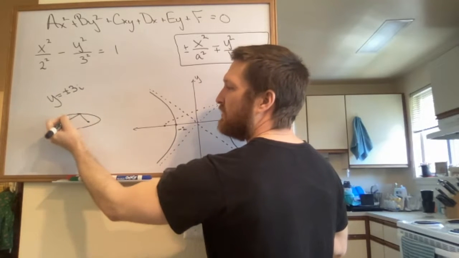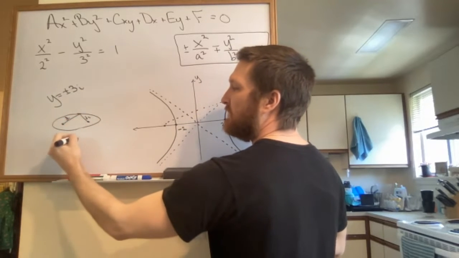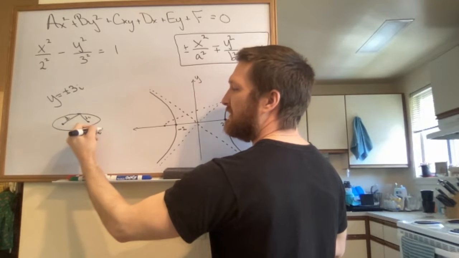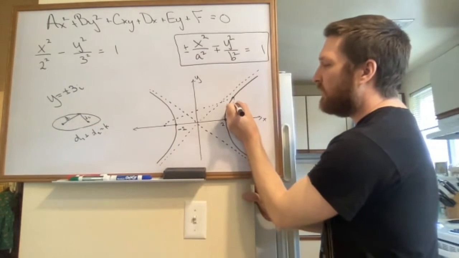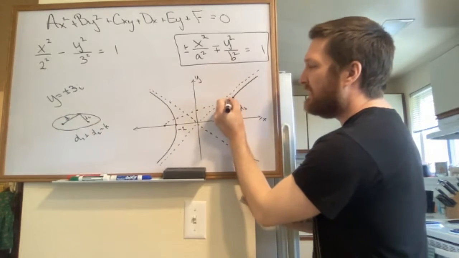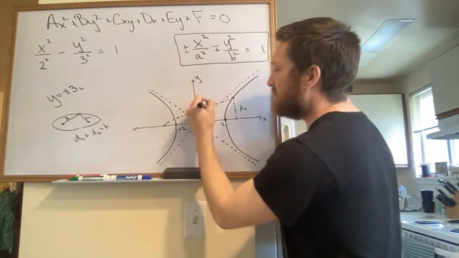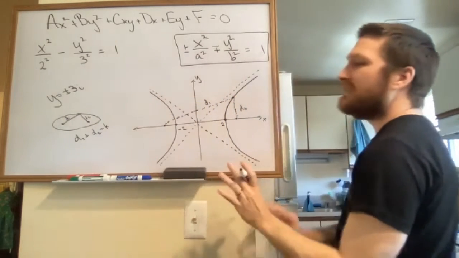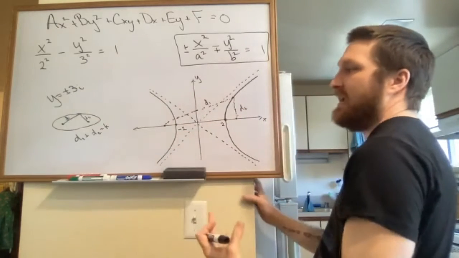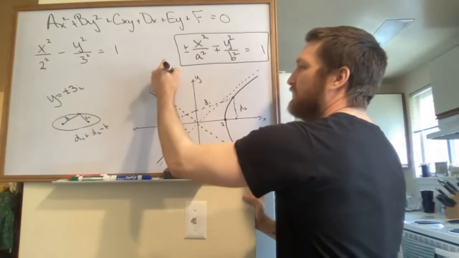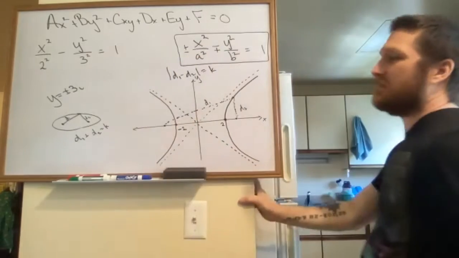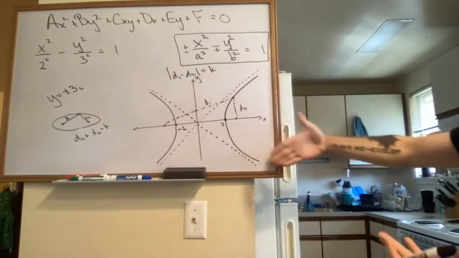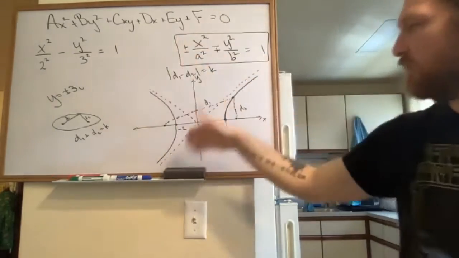You have distance 1, distance 2. We say that the sum of these 2 distances is constant. Here we have a distance from one focus, we'll call that distance 2, a distance to another focus, distance 1. Instead of the sum of them being the same, it's that the absolute value of their difference is constant. And the thing you end up with is a hyperbola.